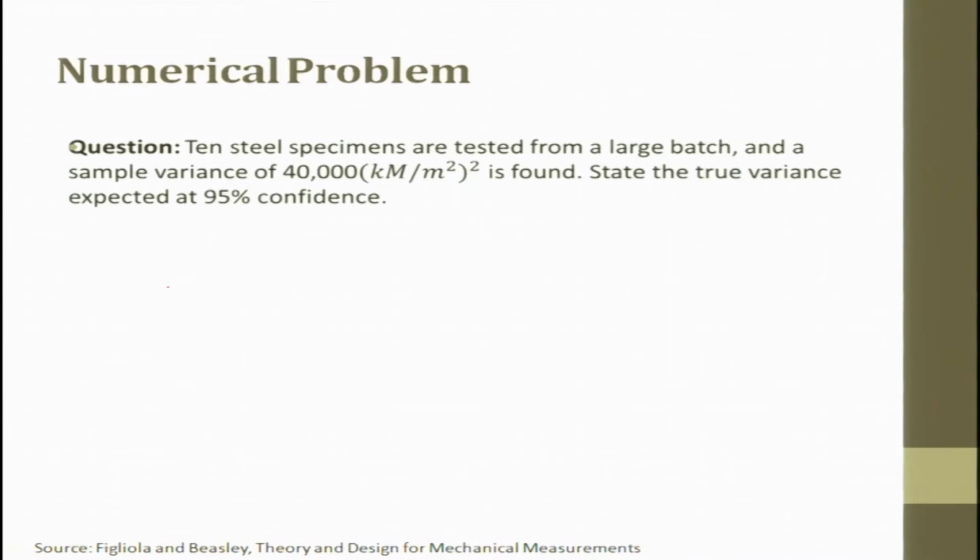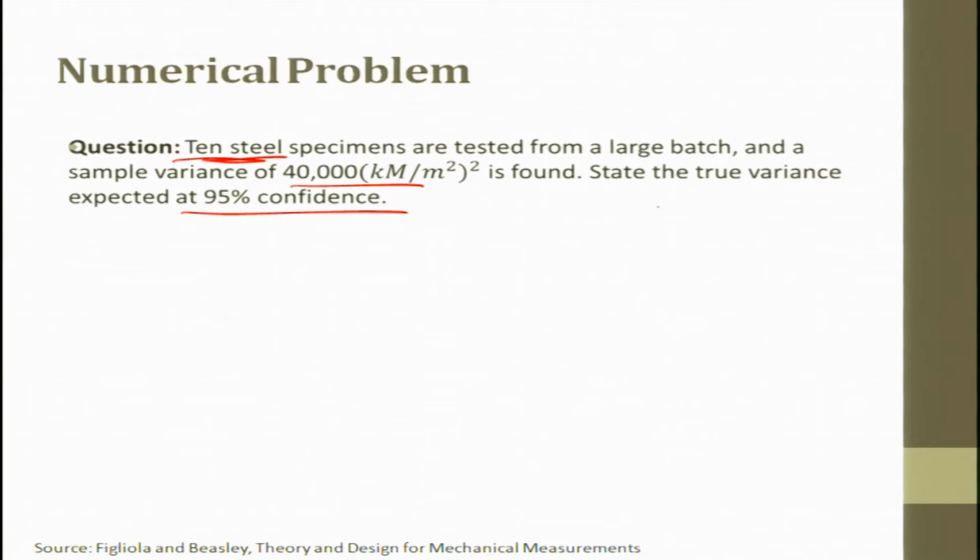So, I have this problem here. Ten steel specimens are tested from a large batch, and the sample variance is given. State the true variance expected at 95% confidence. If this kind of problem is there, we know the sample variance only, and we know how many specimens are selected.